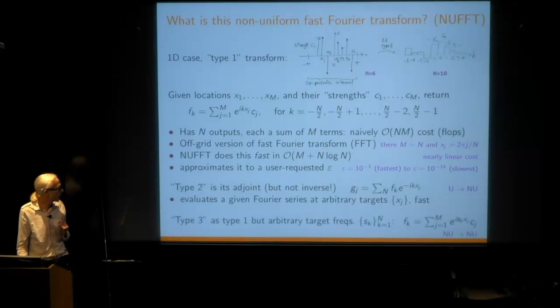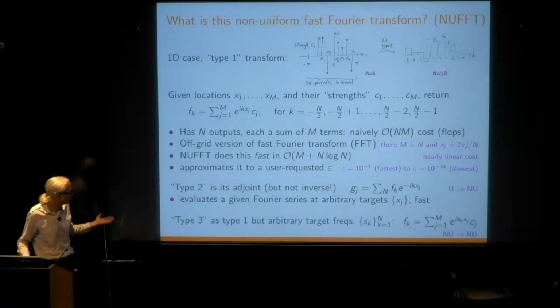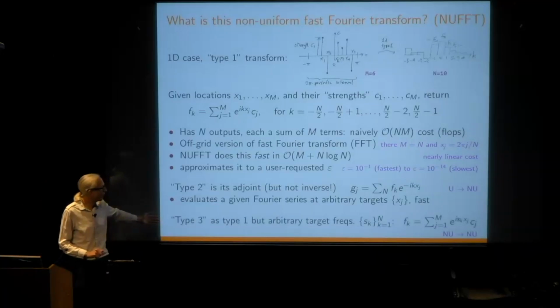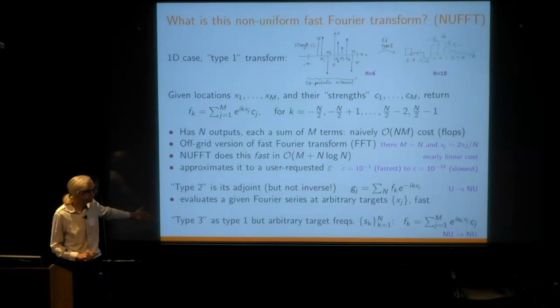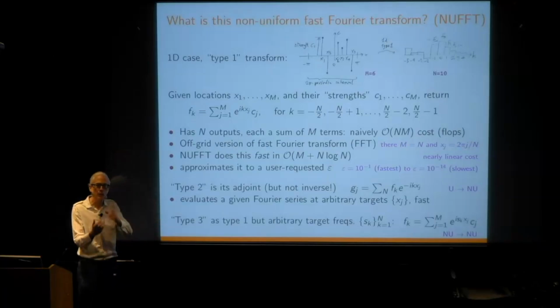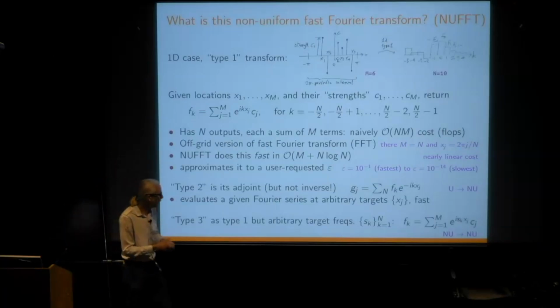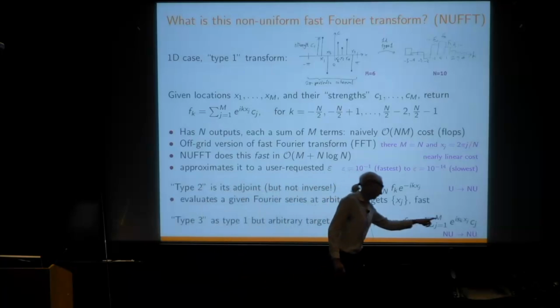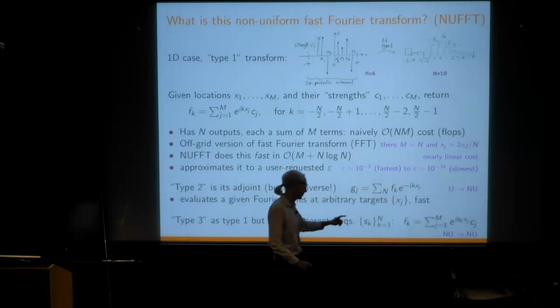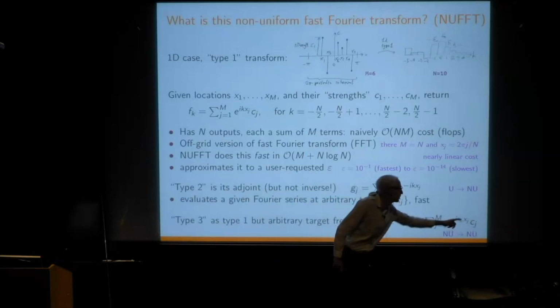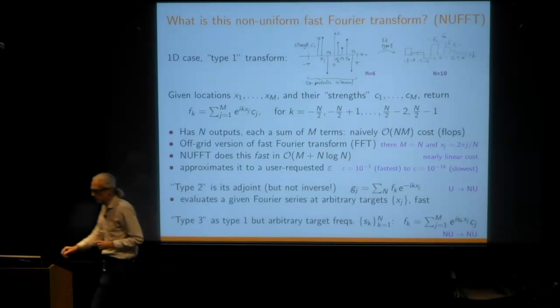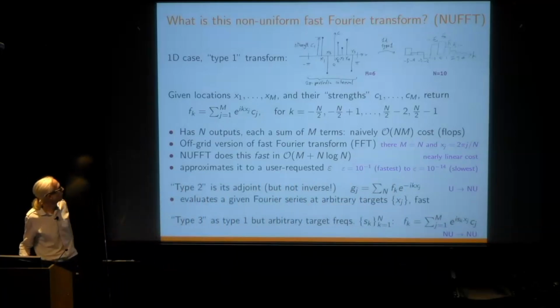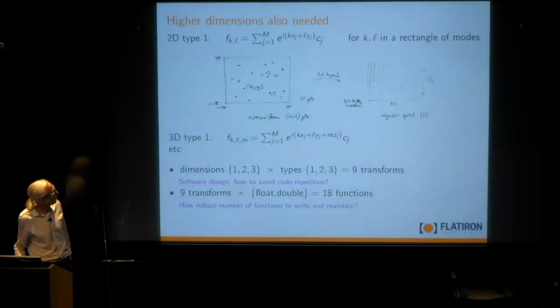And then the third type of transform that I won't say much about is a non-uniform to non-uniform version. Sorry, you have points non-uniform going in, you have frequencies non-uniform coming out. Okay, so that was 1D.